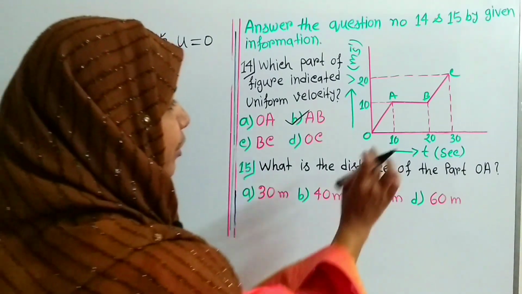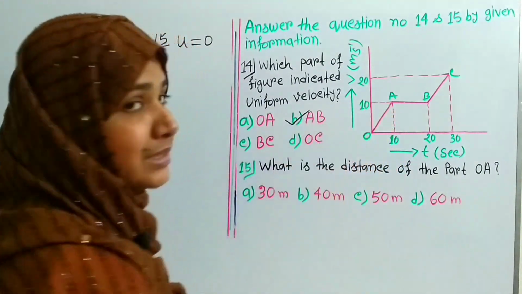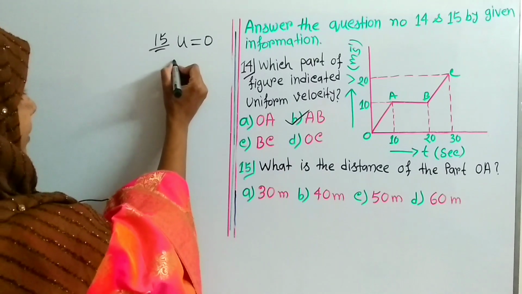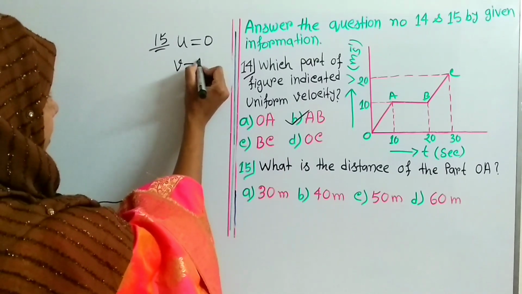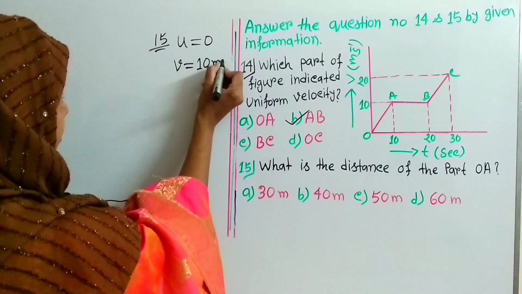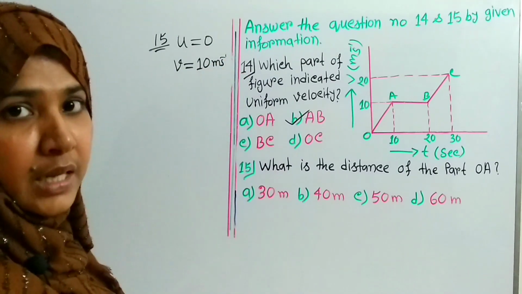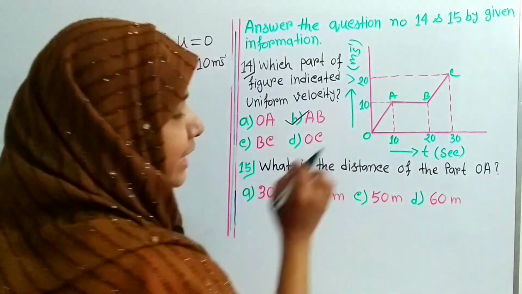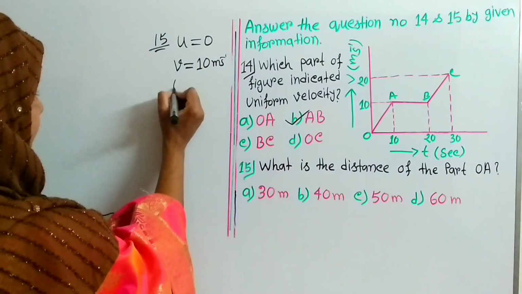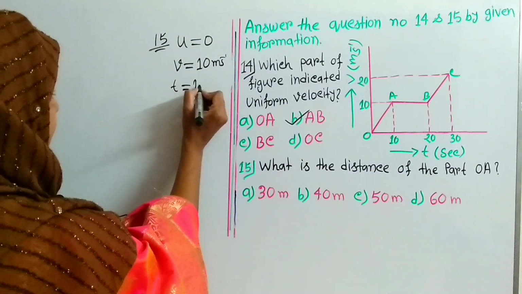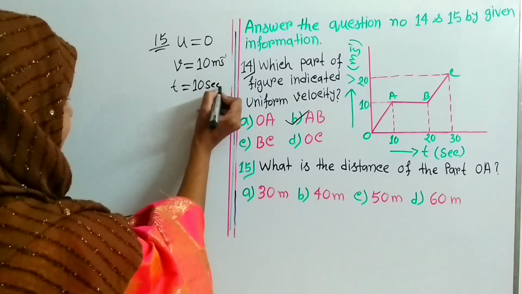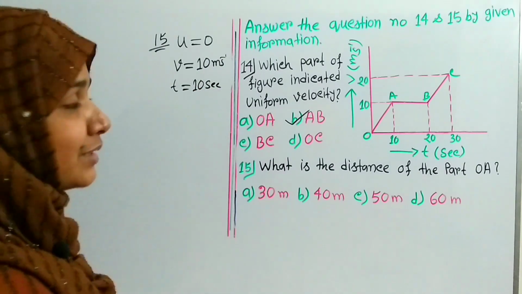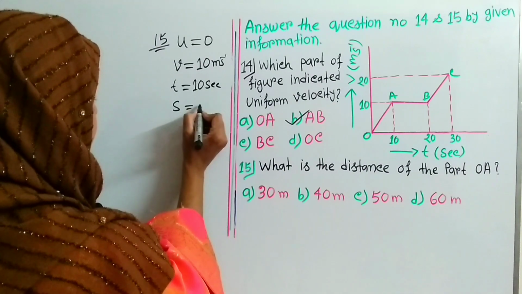Then at point A the velocity is 10 meter per second, that is the final velocity is 10 meter per second, and the time taken to travel from O to A is 10 seconds, and we have to calculate the distance, that is s is equal to what?